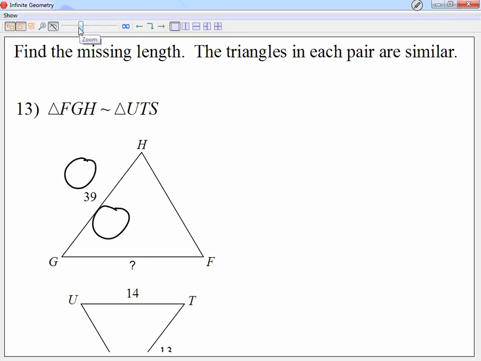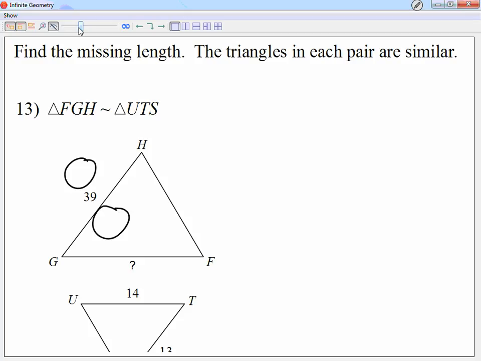Alright, so let me do this real quick. Obviously, for us in class, I can use a string. Let me measure 39. I'm going to use my little string. It's that big. Now x, if you notice, it's a little bit smaller. So I'm going to say 39 is smaller than x.